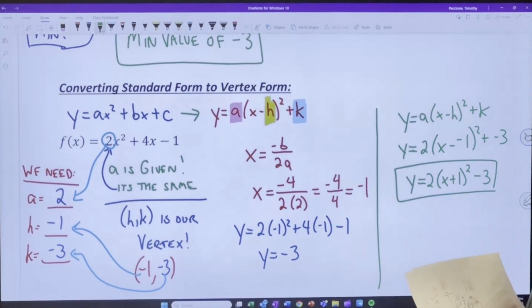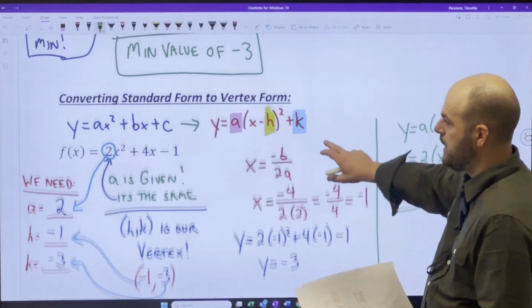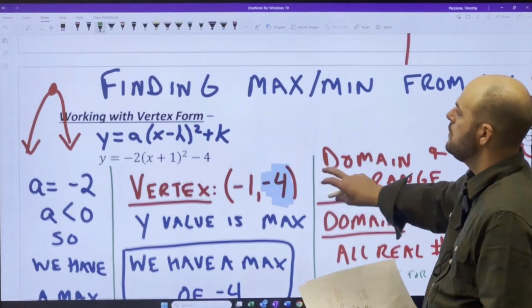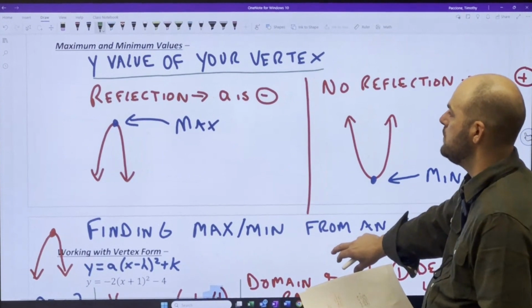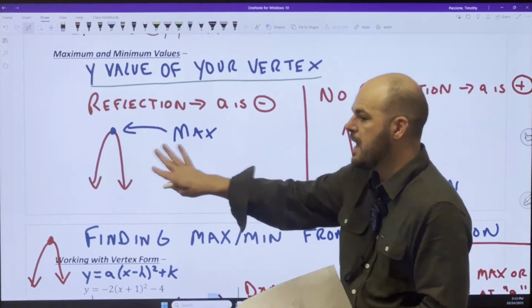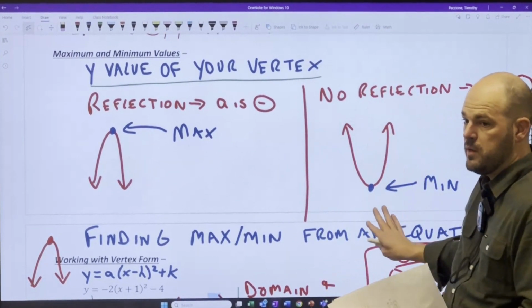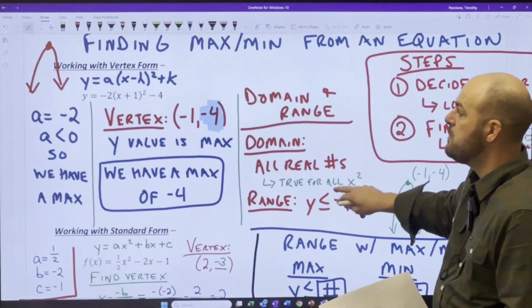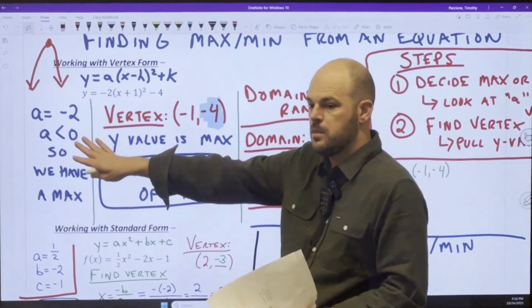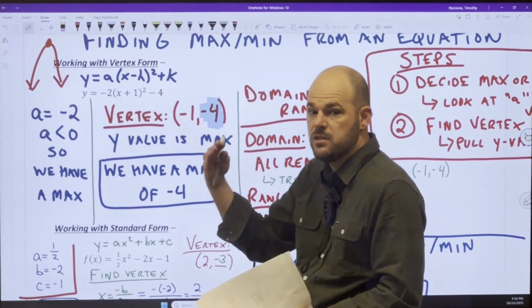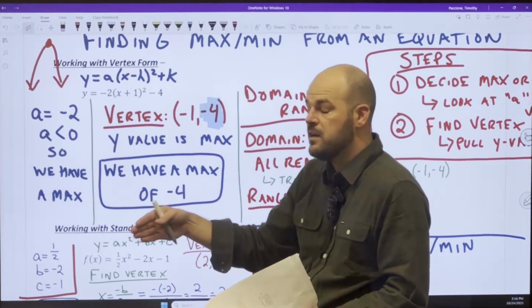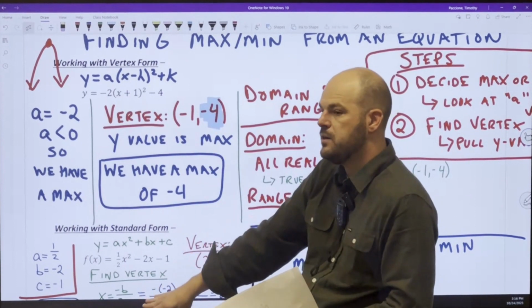All right, to recap here. Let's recap. First, we talked about what a max and a min was. If you have a reflection, you got a max. If you have no reflection, you have a min. That's dependent on your A, right? Then we decided, okay, the y value of the vertex is the value, so we're always going to need to find that, whether we're in vertex form or standard form.